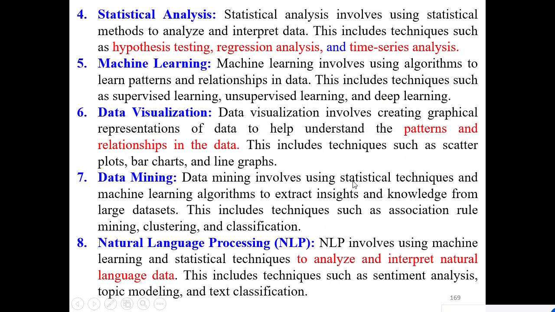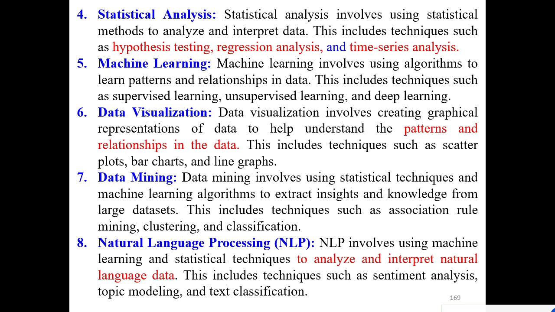Then we go to the fourth one, statistical analysis. Statistical analysis is one more common technique of data science. It involves using statistical methods to analyze and interpret the data. This includes techniques like hypothesis testing, regression analysis like linear regression, nonlinear regression, logistic regression, and time series analysis.